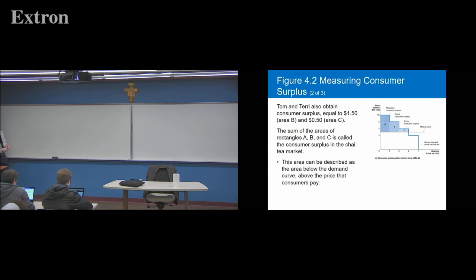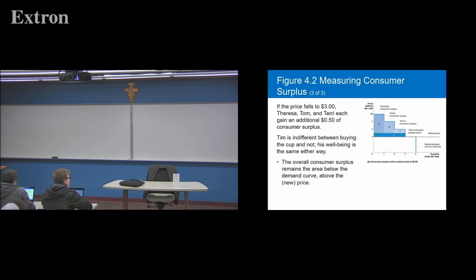So the consumer surplus can be thought of as the area below the demand curve that is also above the price that consumers have to pay. It might be a little tricky looking at it here, but when we see the full, normal supply and demand curve, we see it much more clearly.